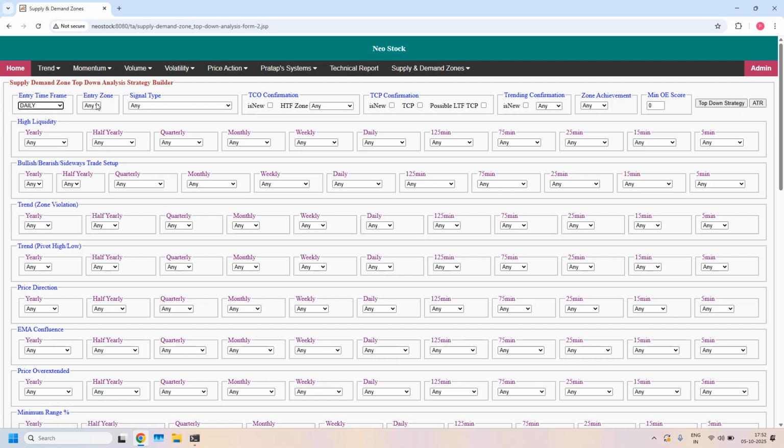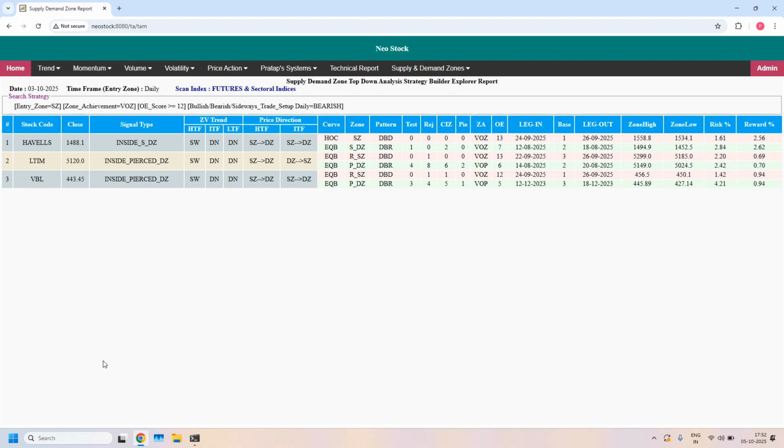Entry time frame daily, entry zone supply zone, bullish or bearish or sideways. At the daily time frame, I am selecting bearish, zone achievement violated, opposing zone, minimum order hands score 12, allowing pierced zones. With these filters, we got 3 stocks.